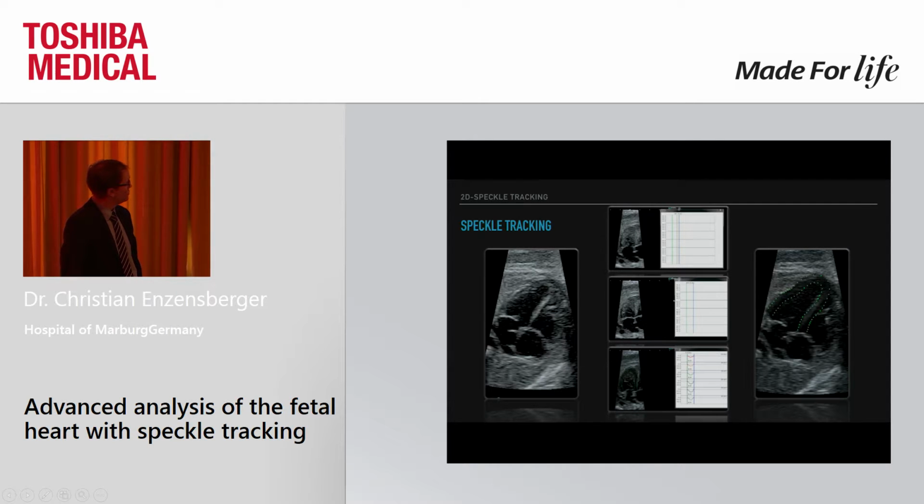Now, if you have this already done, then you can trace your endocardial border. This can be seen here. Just follow the endocardial border, and semi-automatically, after you put your inner line, the outer line will be set by the machine.